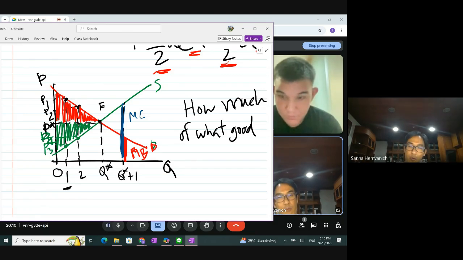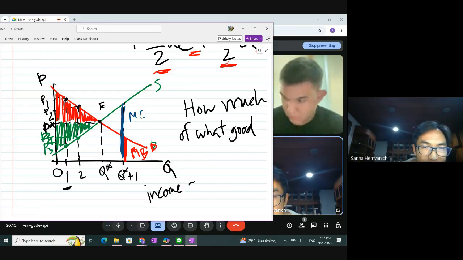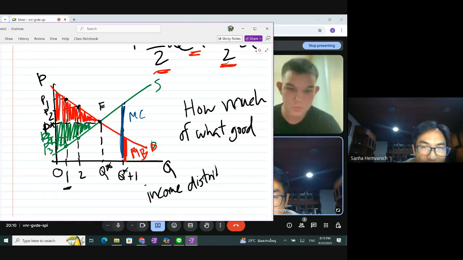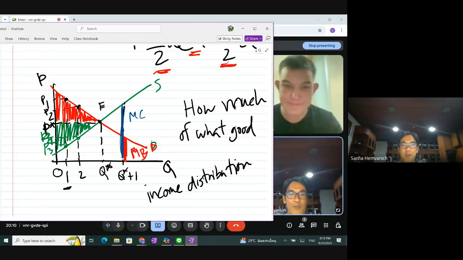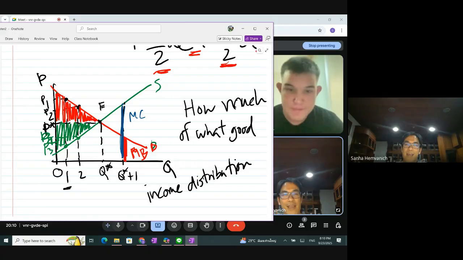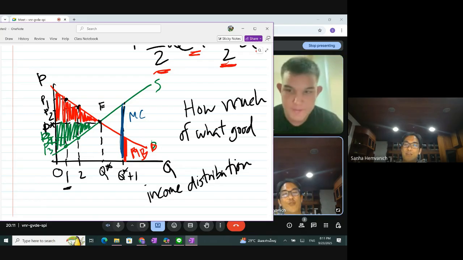However, we're not talking about income distribution. That's why I talk about cars. If you produce a very expensive car, the guy that can buy it is a rich guy. So really we're not talking about social inequality or equality here.